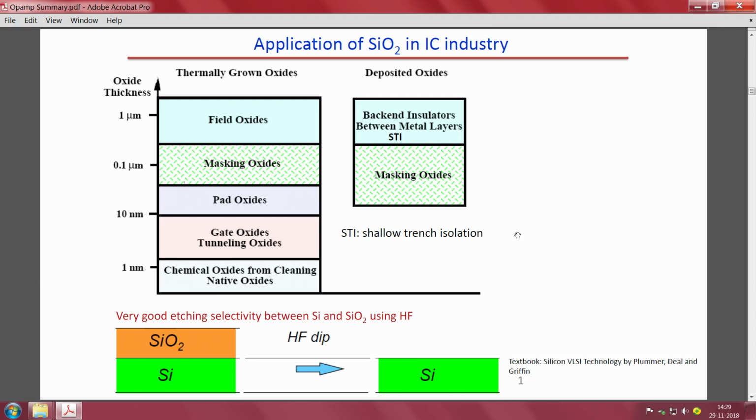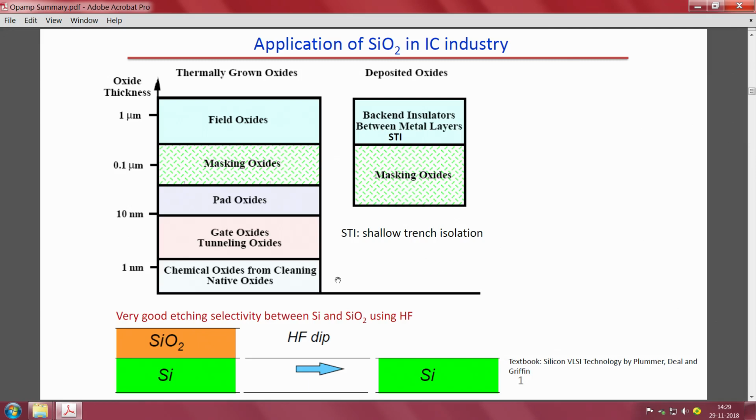From 10 nanometer onwards we have pad oxides, from 1 to 10 nanometer gate oxides, and then chemical native oxides. For deposited oxides you have back end insulators between metal layers, and then you have a masking oxide.